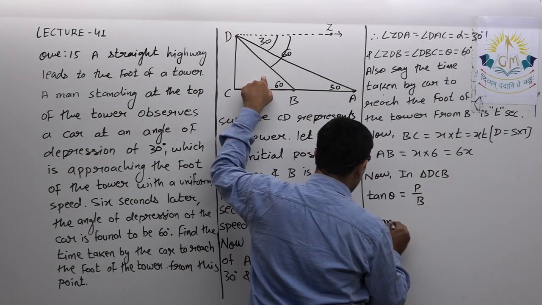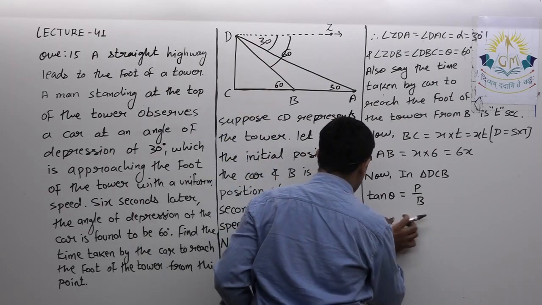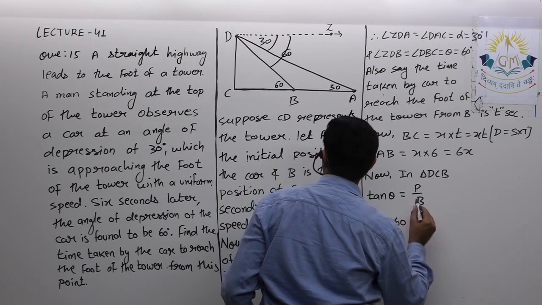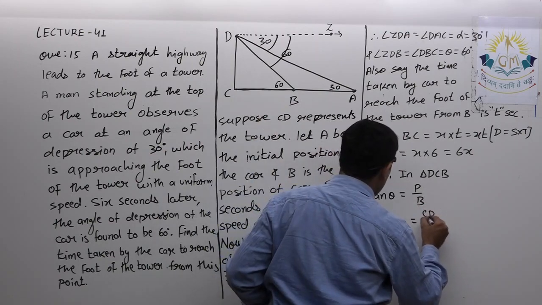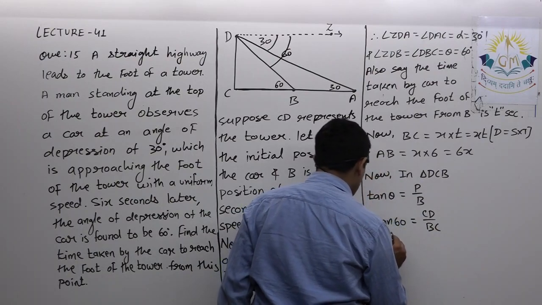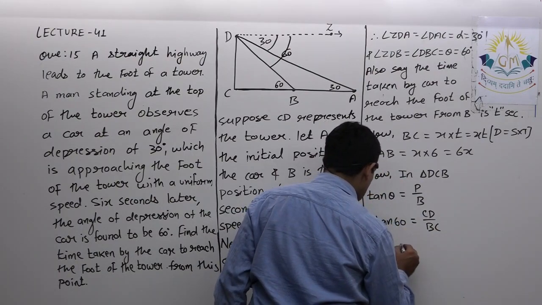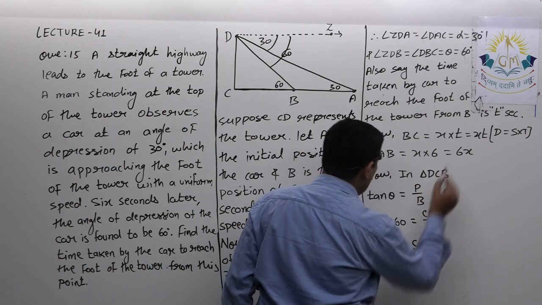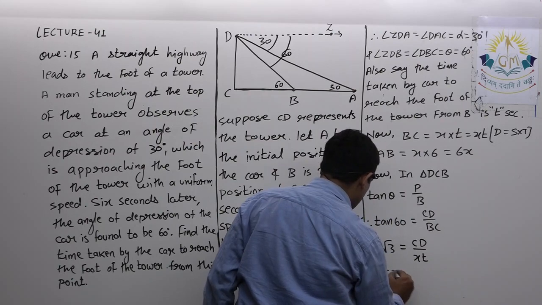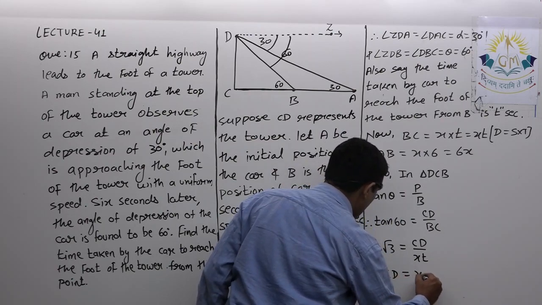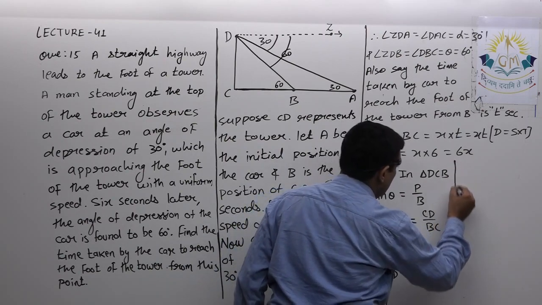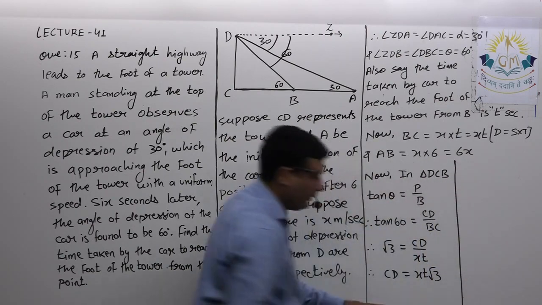Therefore tan 60 is equal to, perpendicular is CD, base is BC. Now tan 60 is root 3, so root 3 is equal to CD upon BC, which can be written as xt. So from here I can write CD is equal to xt root 3, that is the value of CD.